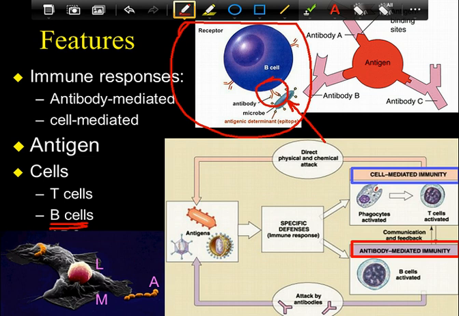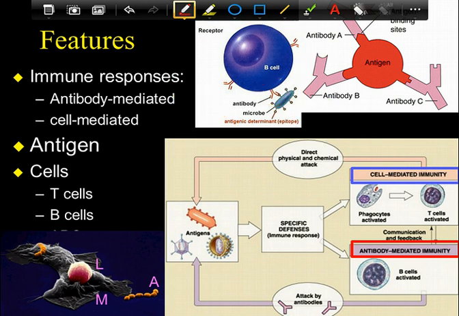And this B cell, now activated, turned on, is going to divide into daughter cells, all of which will identify that particular antigen. Its daughter cells will eventually make antibodies specific for that antigen.